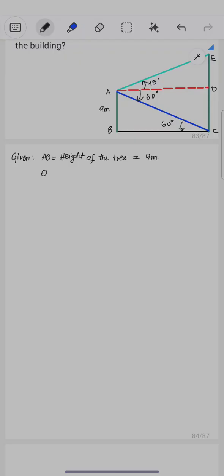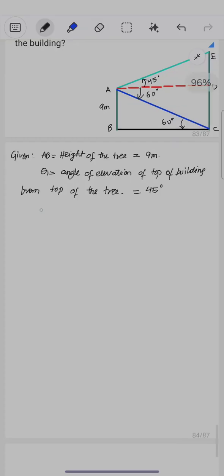Then theta 1, let's say, is the angle of elevation of the top of the building from the top of the tree, which is 45 degrees.